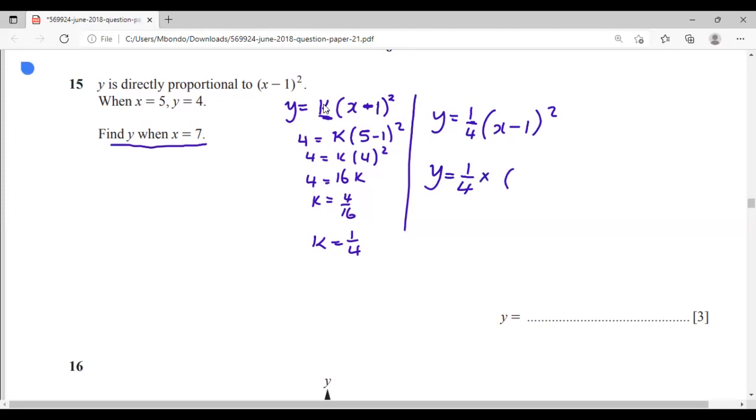Here we have 7 minus 1 squared, so 1/4 multiplied by 6 squared. So 1/4 multiplied by 36, isn't it? At this point, this is just the same as 36 divided by 4. So we're going to have 9.